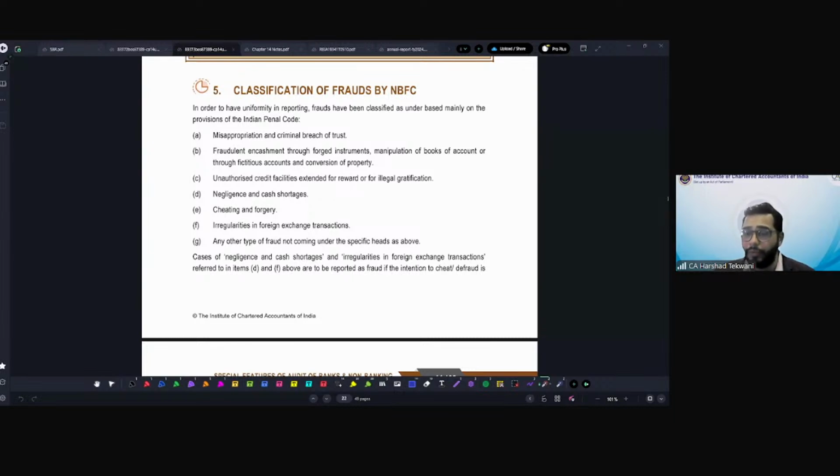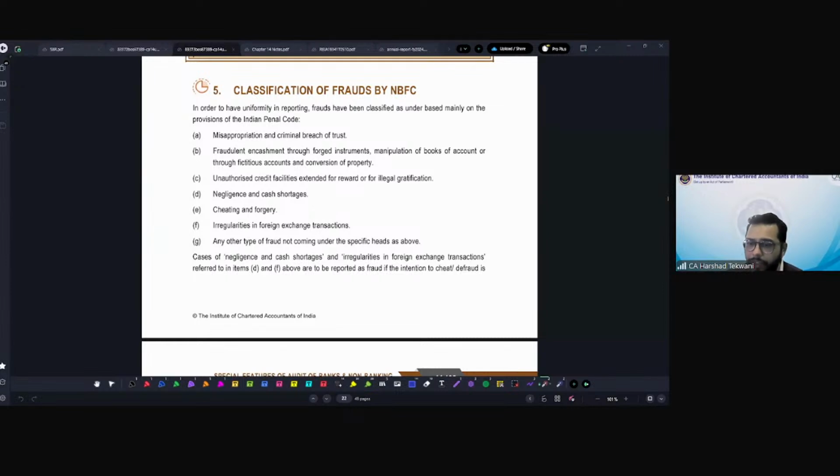Then you design the audit procedures, SA 330, in response to the risk, and then perform them, collecting audit evidence, everything in a similar fashion.